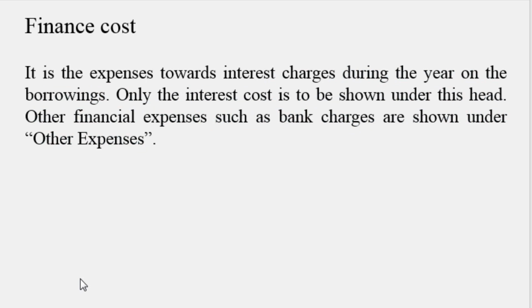Finance cost means any amount you are paying on borrowings. Keep this in your mind: the interest you are paying on borrowings is your finance cost. Bank charges are not finance cost; they are recorded under other expenses.